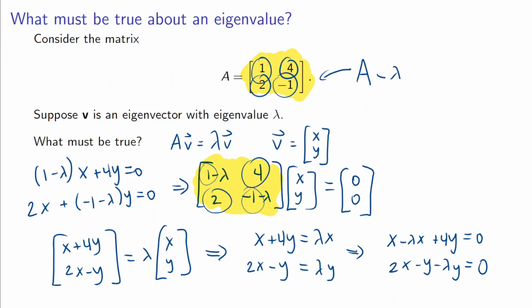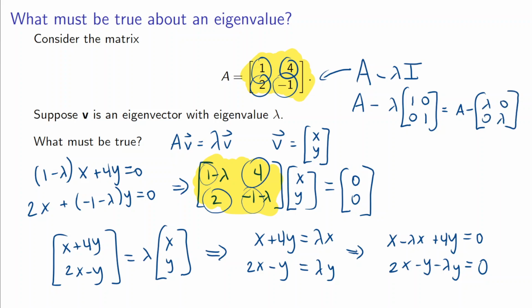One way we can represent that using matrices is to take A and subtract lambda times the 2 by 2 identity. So this would be A minus lambda times [1, 0; 0, 1], which is A minus [lambda, 0; 0, lambda]. So if we do A minus lambda I, we end up getting this matrix down here, 1 minus lambda, 4, 2, and then minus 1 minus lambda.